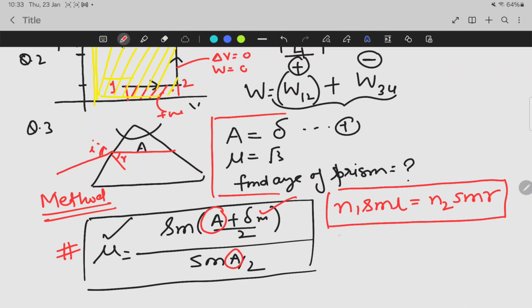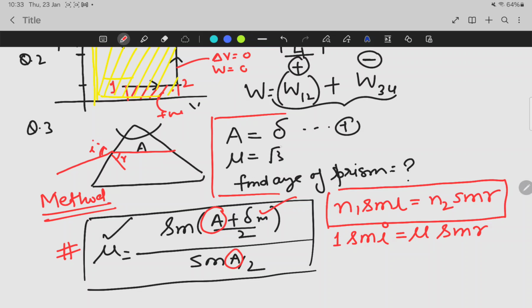Here n1 sin I should be equal to n2, which they have given as mu of glass, into sin R, the angle of refraction.